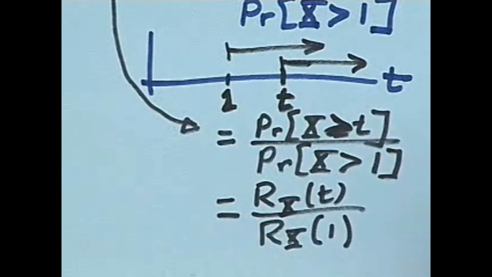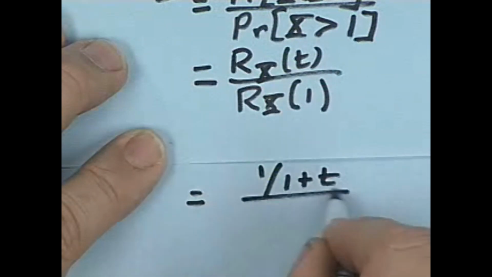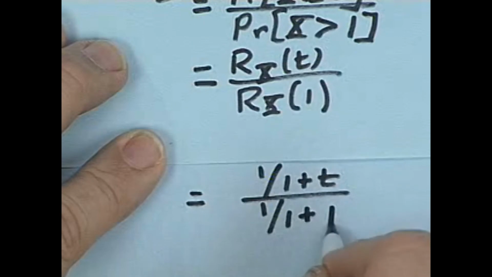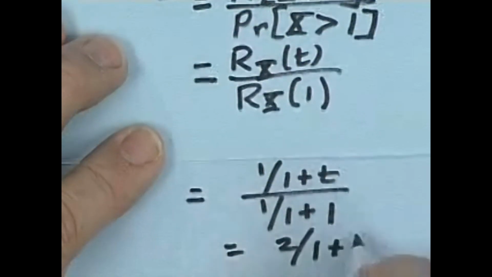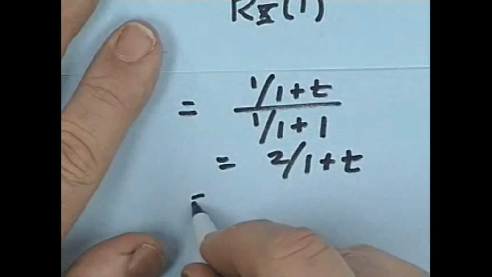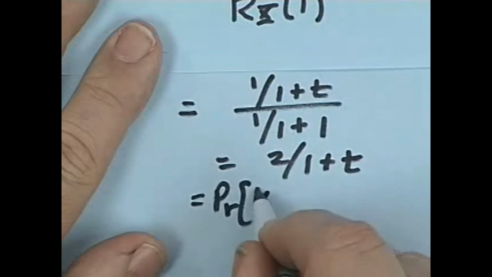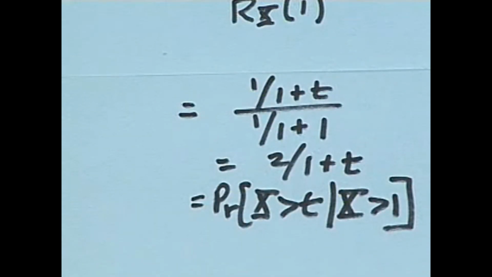Which, if we substitute in the definition that we had, was equal to 1 over 1 plus t over 1 over 1 plus 1. So it looks like it's 2 over 1 plus t. So that is the new probability. This is the probability that the lifetime will be greater than t, given that the lifetime is greater than 1 for that random model.